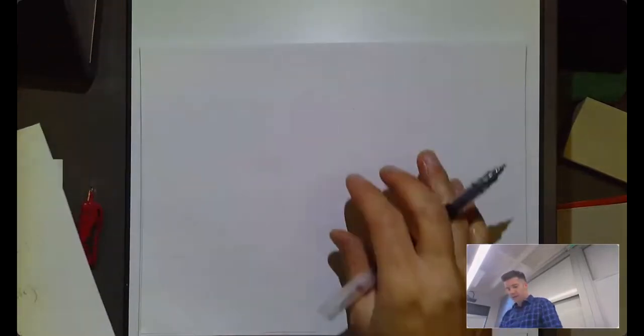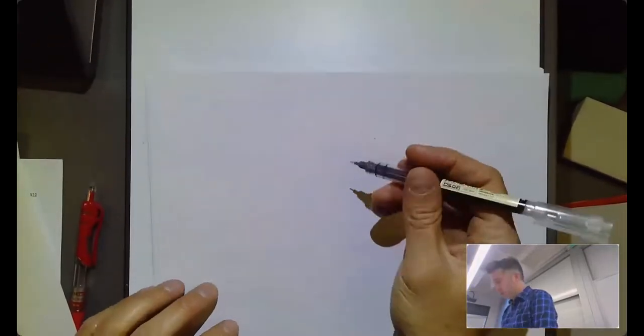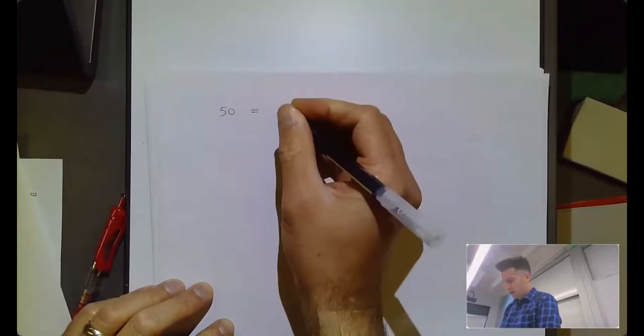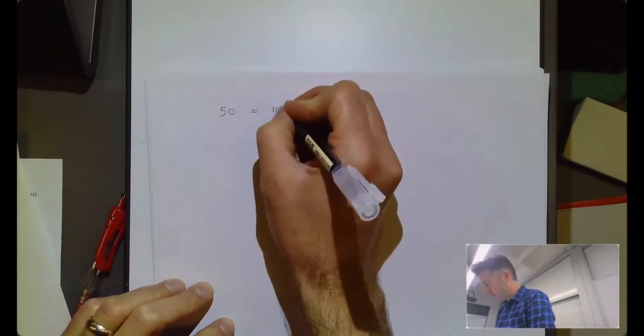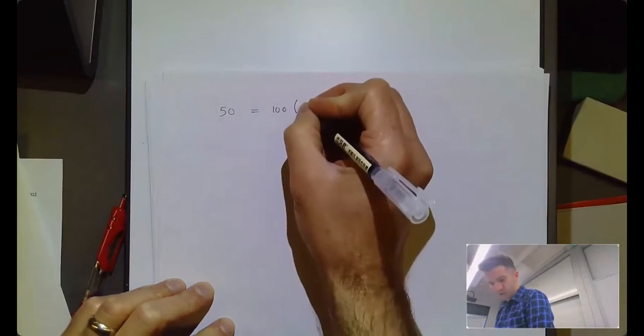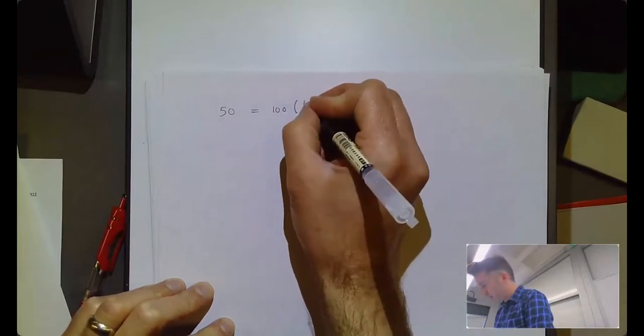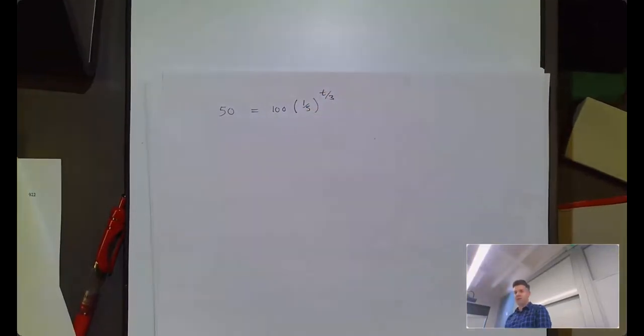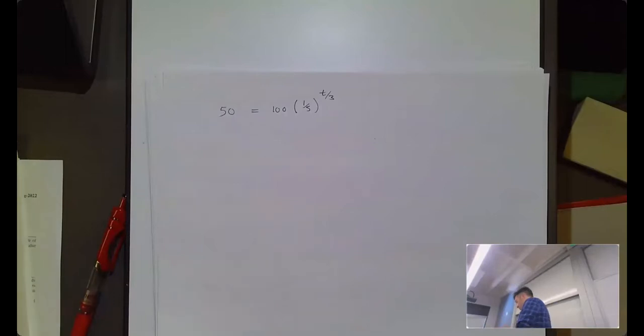So if instead we have, our other equation was, I forgot what it was. It was 100 times 1/5 to the t over 3. Right, that was our other equation. Well, same idea.